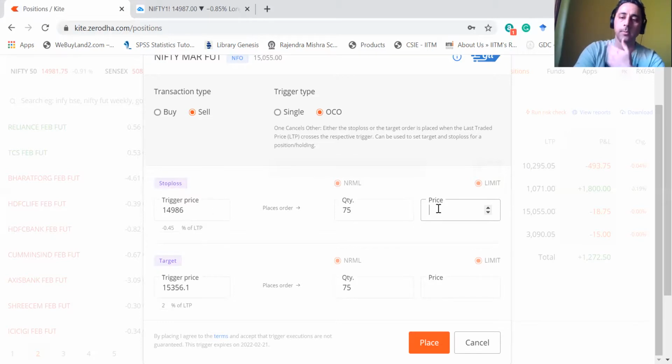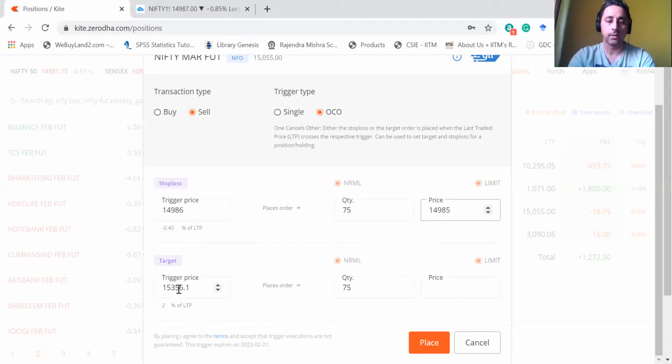That's the probability if that trend is downwards. So you have to set up a price, let's say 14,985 for this order to execute. If you set up a higher price, I don't think, as far as I remember, you can place this order like this. You can't place 987 when the trigger price is 986. So it has to be below for sell.